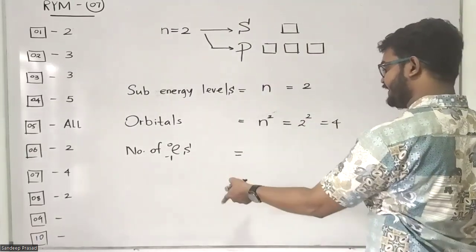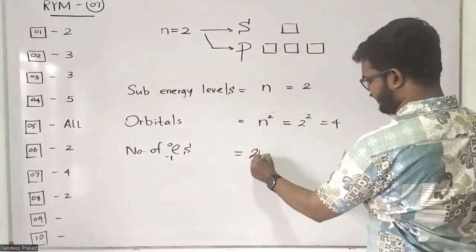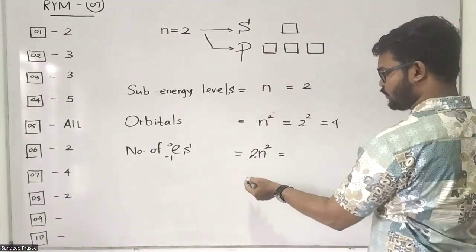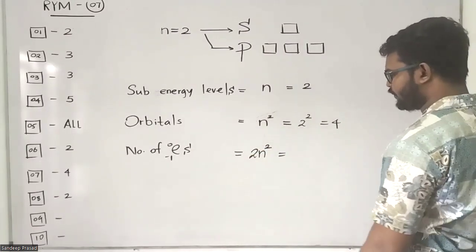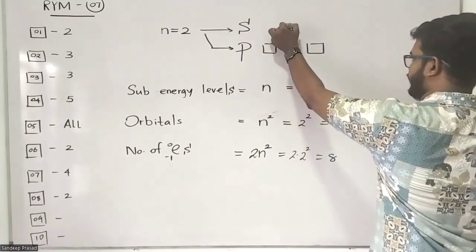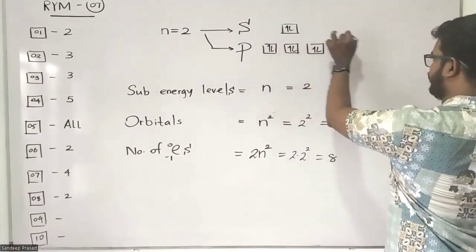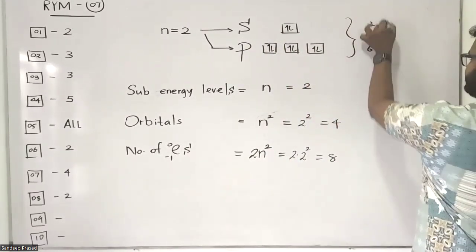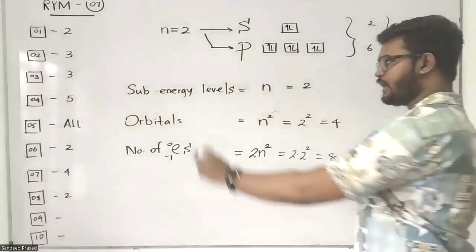Then for the total number of electrons, since each orbital holds 2 electrons, you multiply this by 2. Then 2n squared gives the total number of electrons. 2 into 2 squared, the answer is 8. Look at this one. When all orbitals are completely filled with electrons, the total number of electrons is 2 plus 6. Understood? So you can remember it.